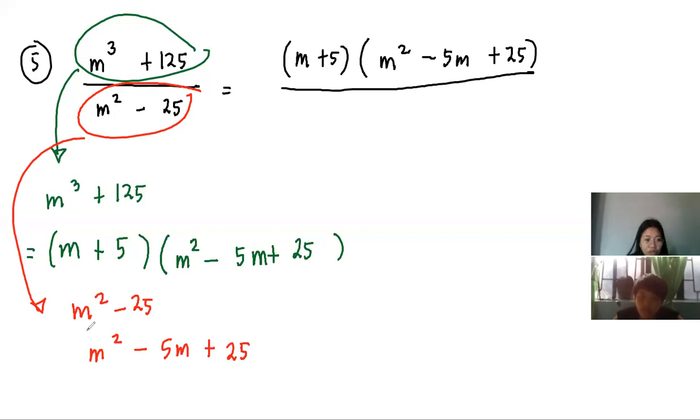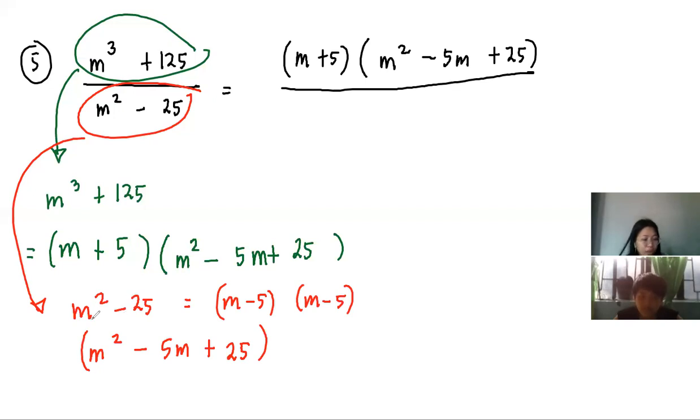Bakit ito yung answer ko? Bakit m squared minus 5m plus 25? Because this one is also equals to m minus 5 and m minus 5. Okay? Diba ito siya? Dalawang m, dalawang 25.